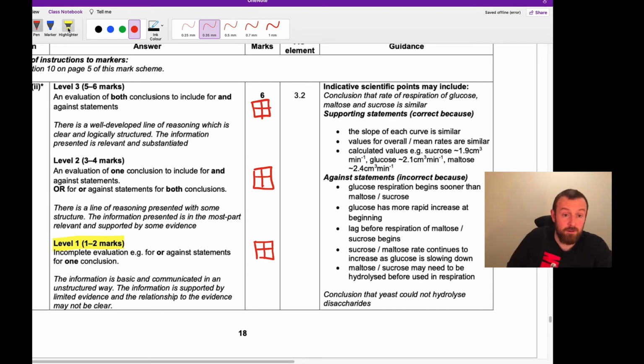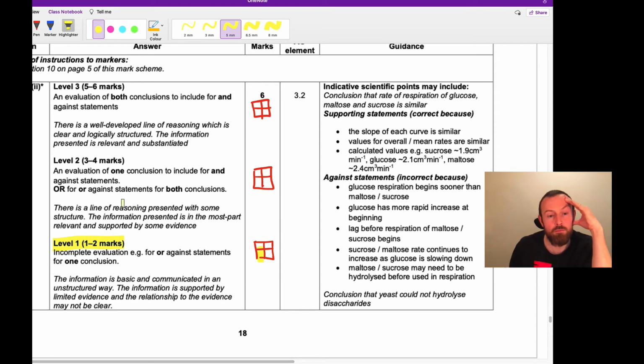Okay, so if level 1 and 2, we're talking about for or against statements for 1 conclusion. So we're really talking about you've done 1 square. Level 2, 3 or 4 marks, an evaluation of 1 conclusion for and against, or both, or for or against statements for both conclusions. So you're basically talking about 2 out of the 4 grids here.